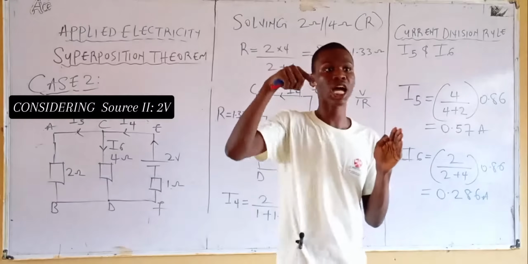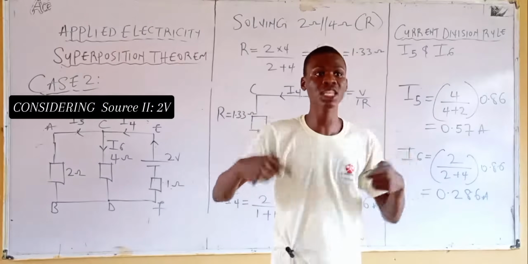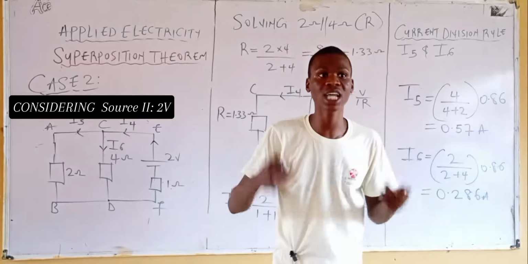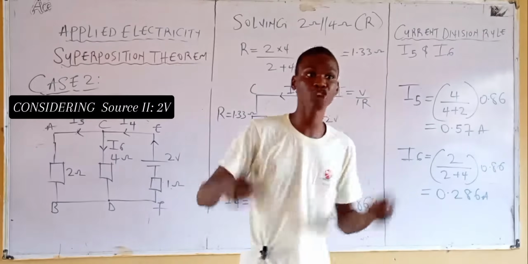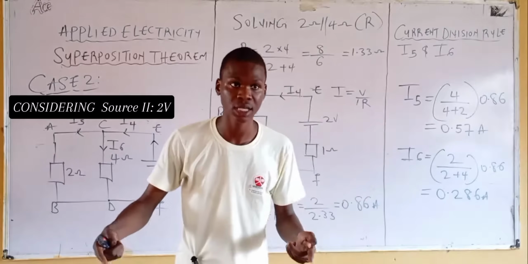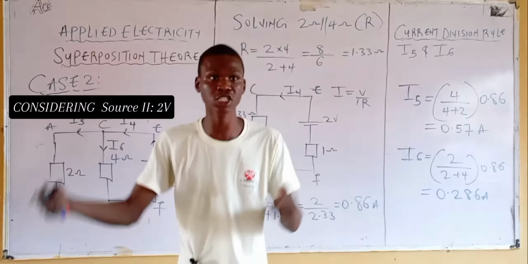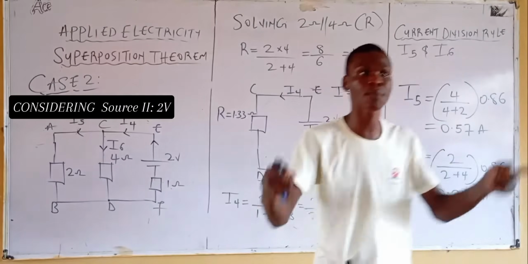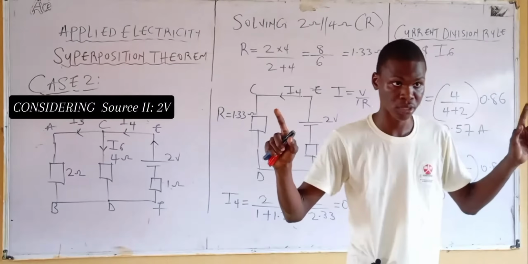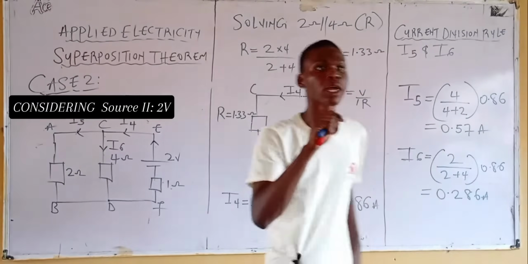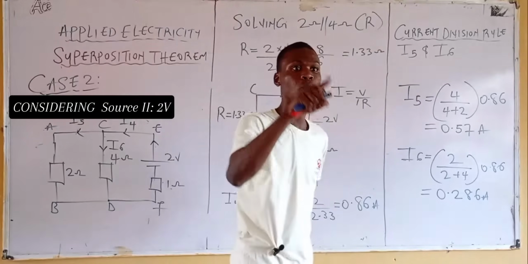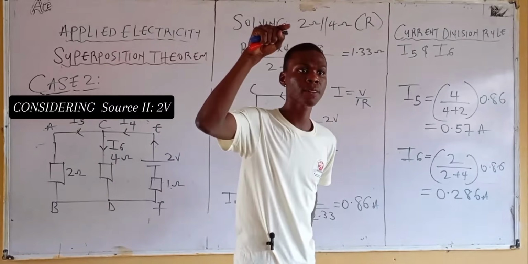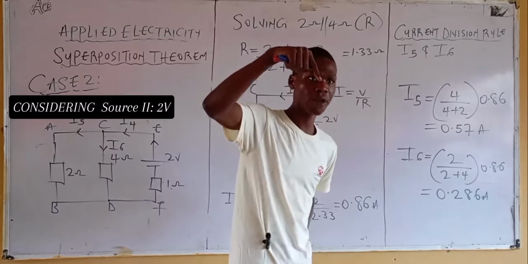You know, initially we said the resultant value of current that would flow in each branch is equal to the summation of current in that branch if each source is considered separately. Understood? Yes. Now, for the first one, what do you have? I1 and I4, abi?